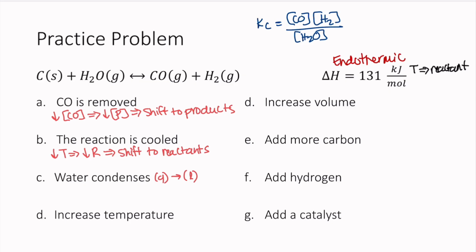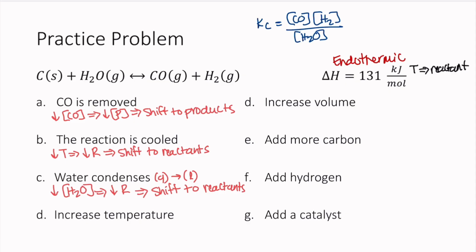It doesn't have a concentration. So what's happening in this one is we are decreasing the concentration of our water vapor, which means we are decreasing the reactants. And again, since we decreased the reactants, we should see a shift to the reactants.